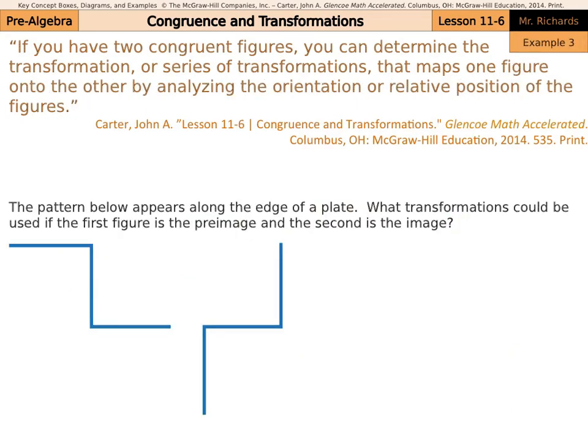The pattern below appears along the edge of a plate. What transformations could be used if the first figure is the pre-image and the second is the image? If we look at this first figure, which is the pre-image, and let's say we rotate this a little bit, we would have something that looks like that.